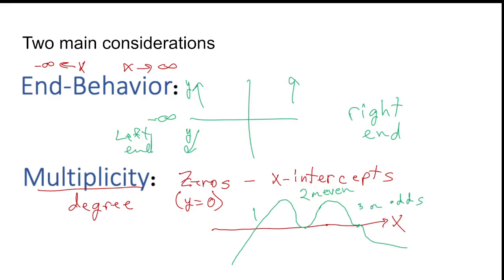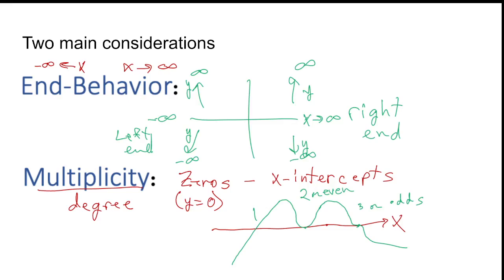Does the graph go up to positive infinity? And then we're talking y values. Do the y values go to positive infinity, or do they go down to negative infinity? These are y values. And that's as x is going towards positive infinity. So as x gets really, really big, what's happening to y? Is it getting big in a positive way or big in a negative way? Negative is getting small, but these are the things that can happen.